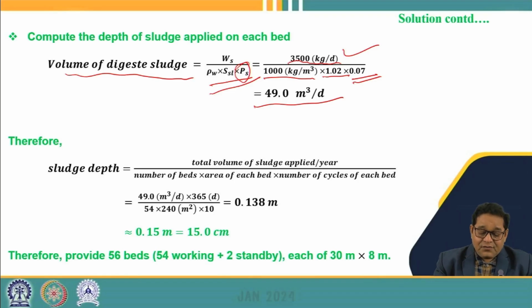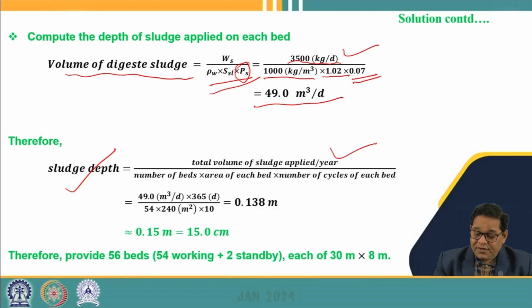From this volume we can further find out the depth of the sludge bed required. Here we calculate the sludge depth for the given size and the given volume of digested sludge.